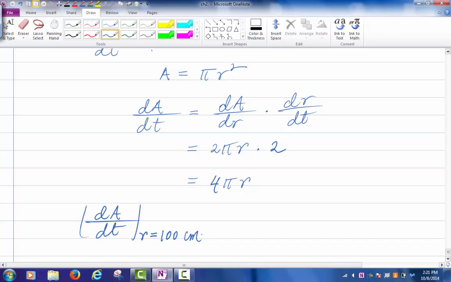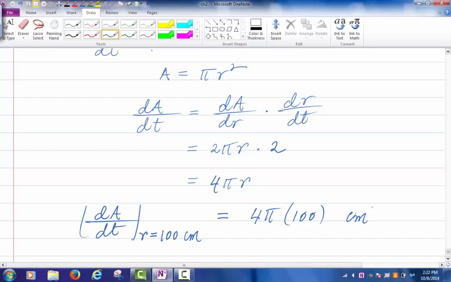Because the disk is expanding, at some moment let's say the radius would become 100 centimeters. At that moment, what would be the rate? Well, it is just 4 pi times 100. And what's the unit for this?